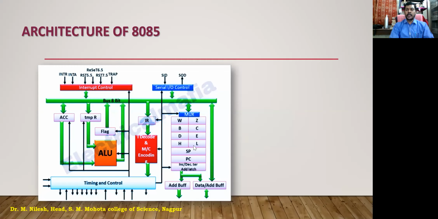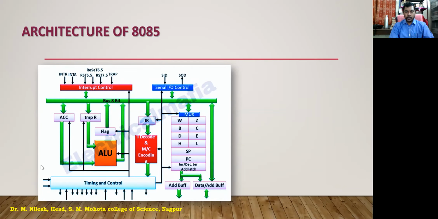Now you can use that for addition or other processes. So the HL pair is specifically meant for that. Other than that, you can use the H and L registers separately for processing some data, and they can again process 8 bits of data.